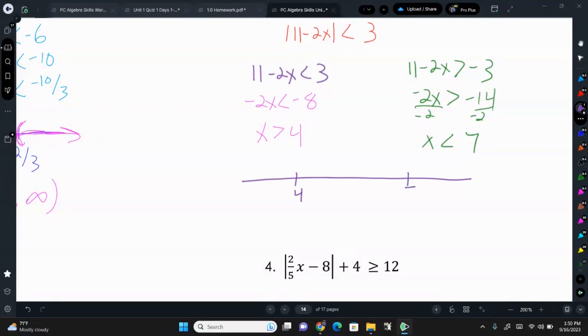So then 4 and 7. We have x is greater than 4. So here's 4, parenthesis, and greater, so everything bigger, but x is less than 7, so parenthesis at 7, and going to the left. So our solution, our interval, is 4, comma 7.